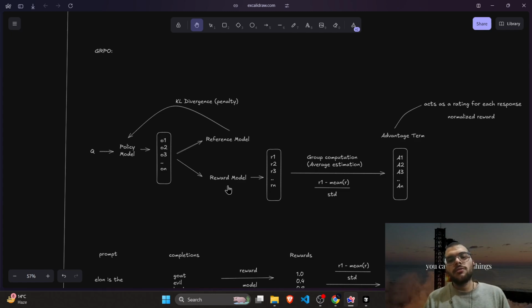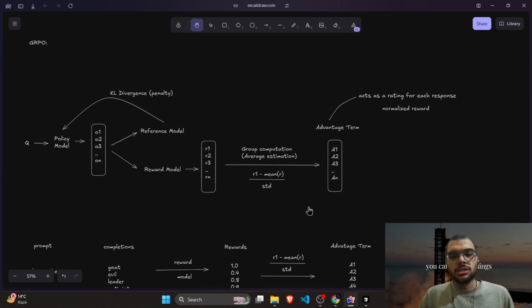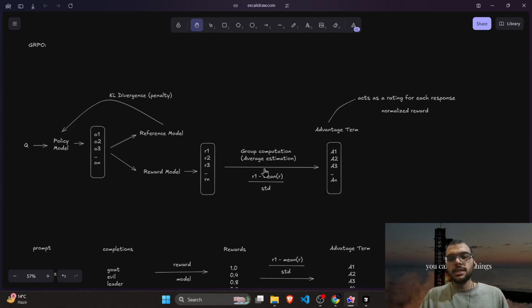From the reward model, we generate rewards for all the outputs for the given question. After that, we have the list of rewards. Then we perform a group computation, which is basically an average estimation only. We average all the rewards and get an advantage term. The advantage term again acts as a rating for each response. You can also call it a normalized reward.